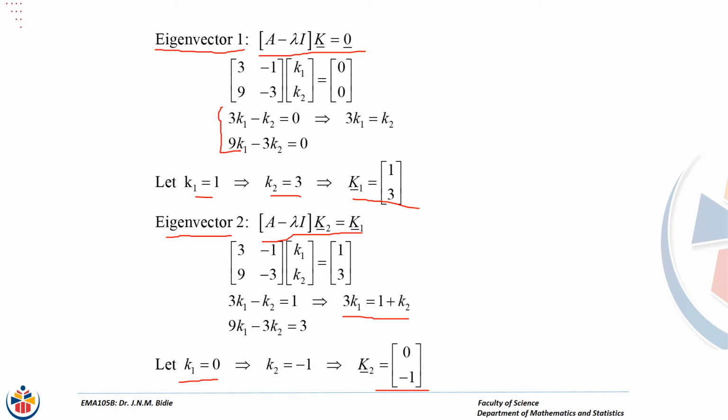So if our first eigenvector has been calculated properly, then we'll get the correct values for the second eigenvector. Please remember those two formulas. A minus lambda I times vector k is equal to vector 0. And the second one is matrix A minus lambda I times the second eigenvector is equal to the first eigenvector, in order for you to get the second eigenvector.